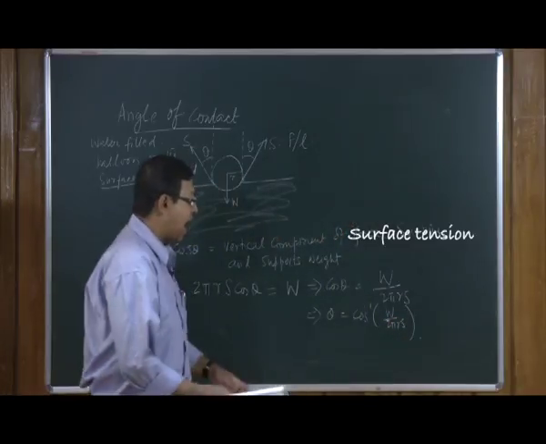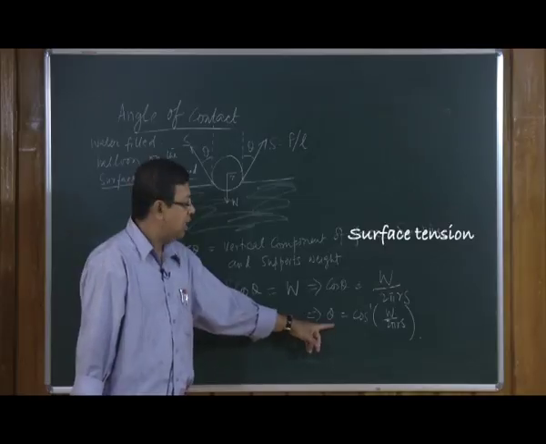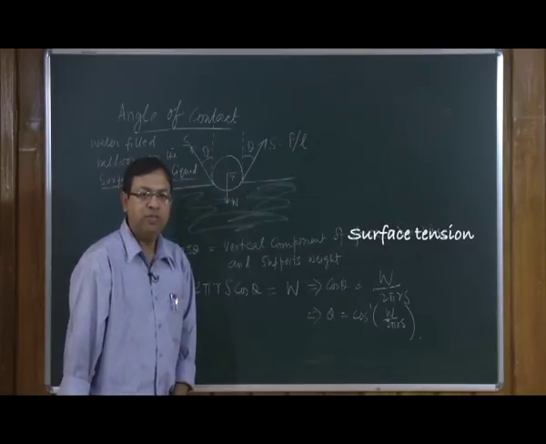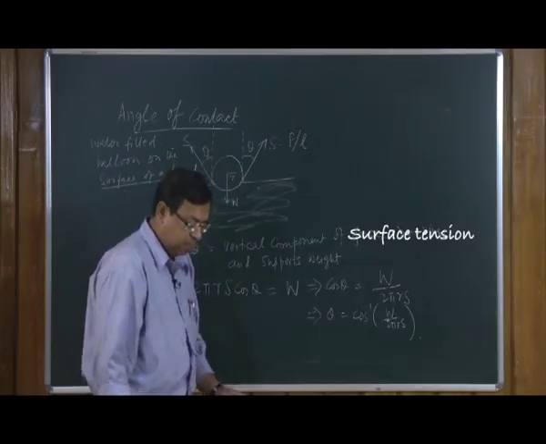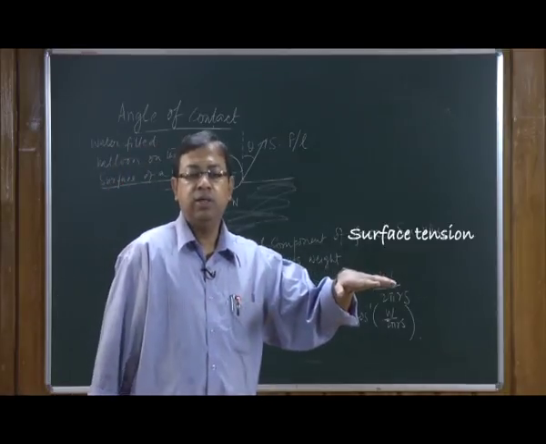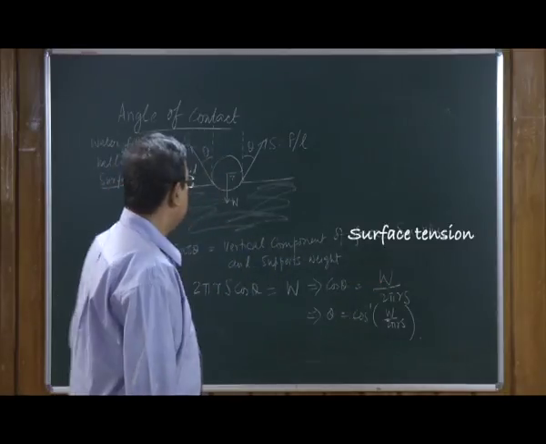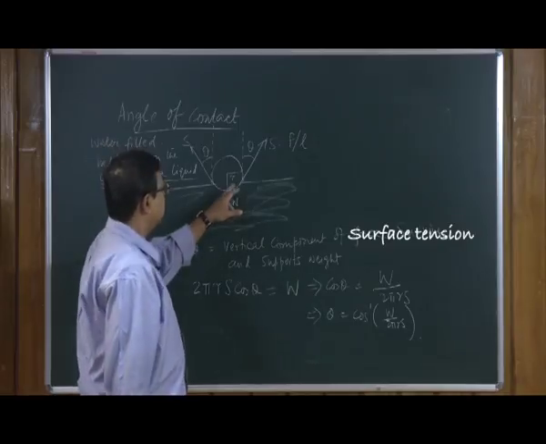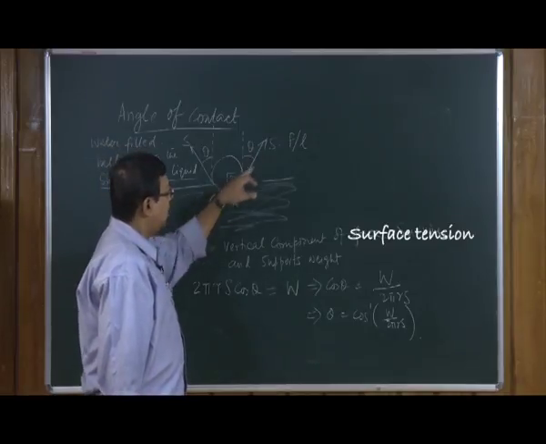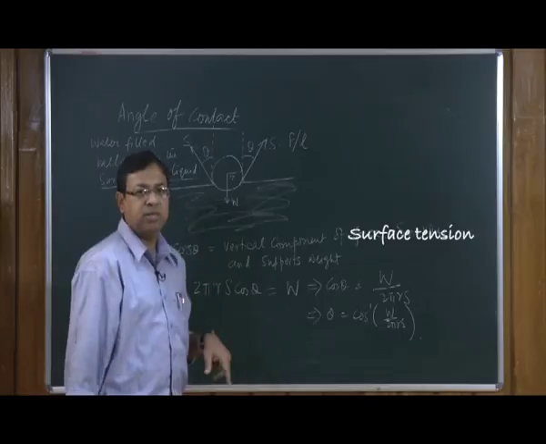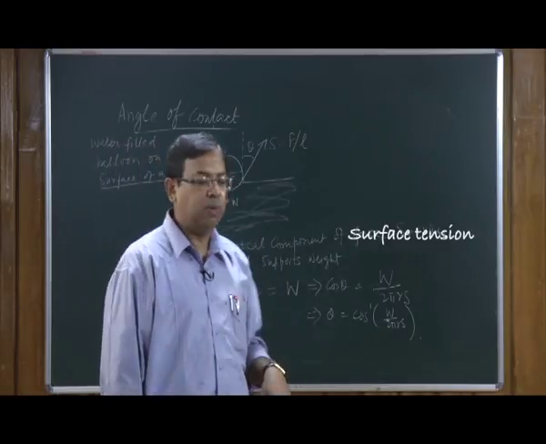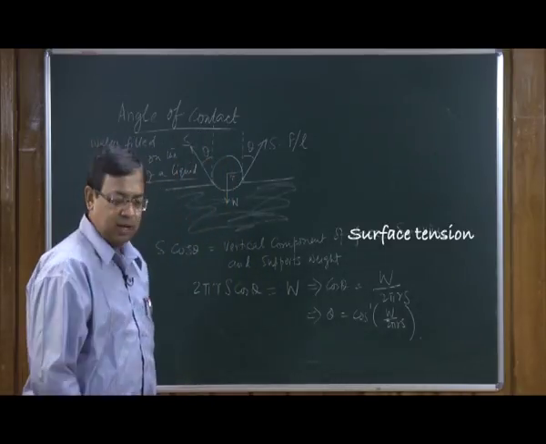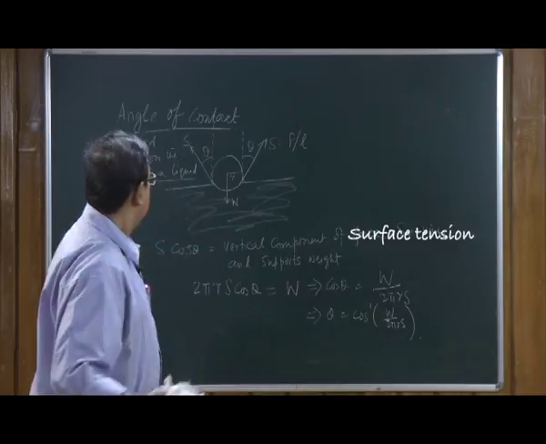This is the angle of contact of an object which floats on the surface of a liquid, the angle that this direction makes with the vertically drawn normal. So, let us see one example of this.